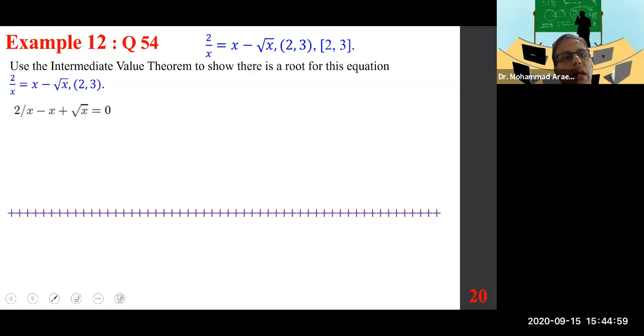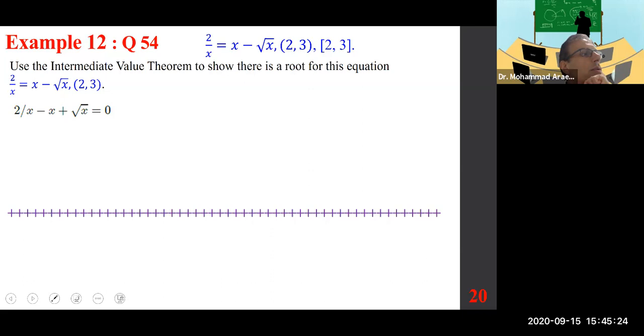So when we say use the intermediate value theorem to show there is a root, that means solve the equation. Is there a solution, in essence, right? So if there is a solution, then bring it to one side. It doesn't matter which side, class.